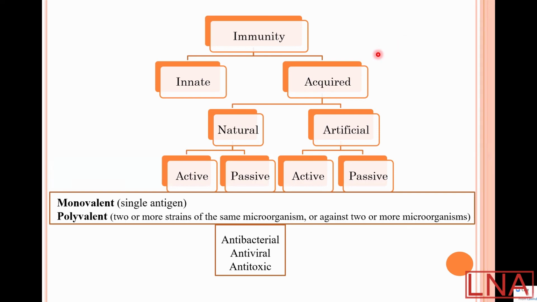So here we talk about acquired, artificial, active, polyvalent antiviral immunity. As you see, there is a difference here in artificial and natural, and in how many strains. Of course, if we use a vaccine which includes only a single antigen, it will be acquired artificial active monovalent antiviral immunity.